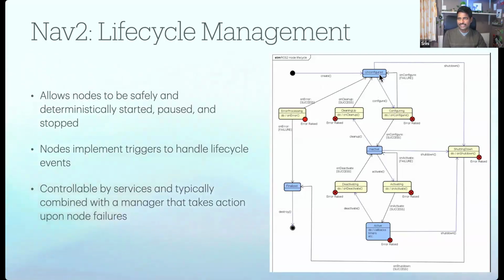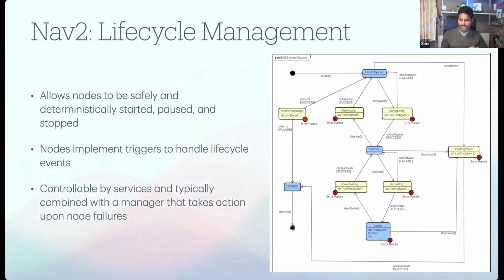So there are these different states, right? It goes from the unconfigured state to the inactive state, and then the active state, and after that, I think it can get to the finalized state before you are ready to destroy or kill the app. So it's a detailed lifecycle management, and I already mentioned why we need that. That's what ROS provides.